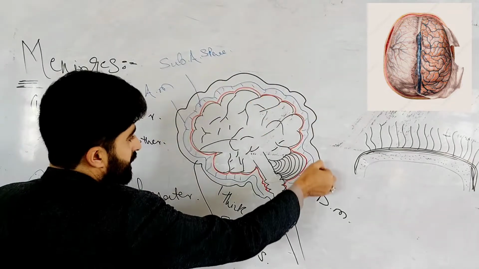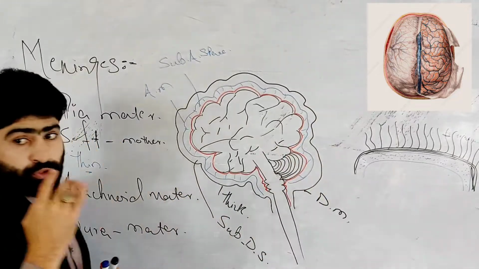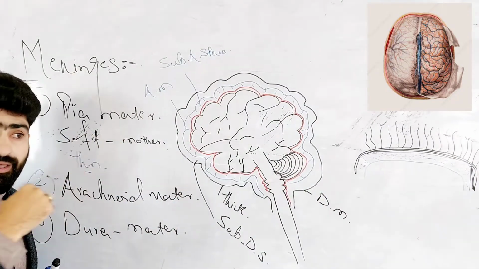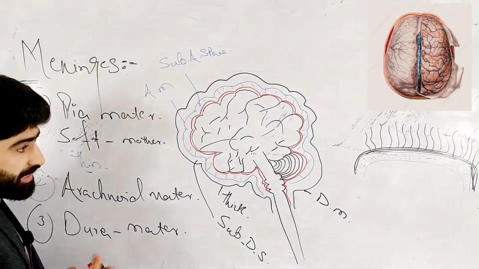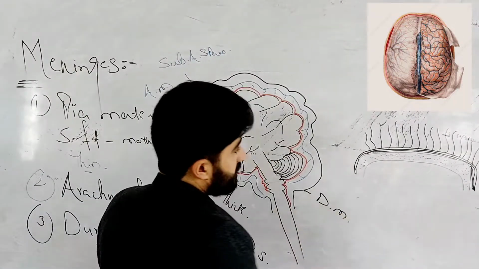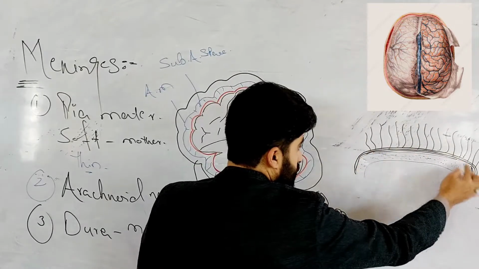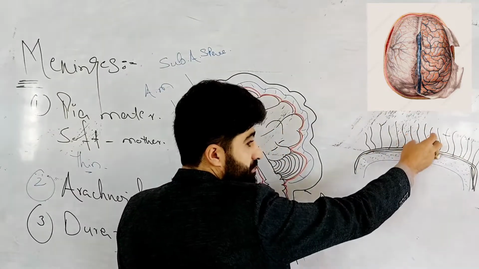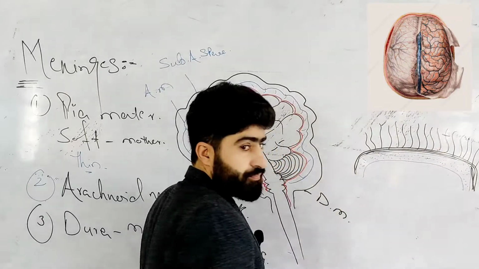The dura mater has two layers, two edges, the outer and the inner edges. Like I explain in this diagram, this is the scalp. ये स्कैल्प है, स्कैल्प के नीचे this is the skull bone.